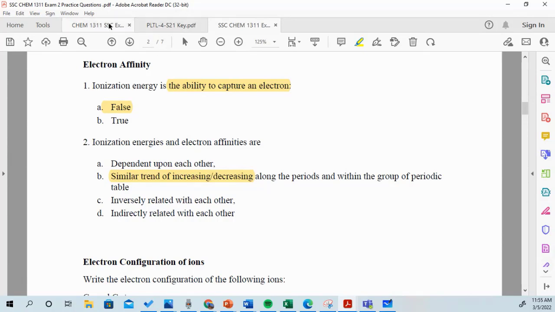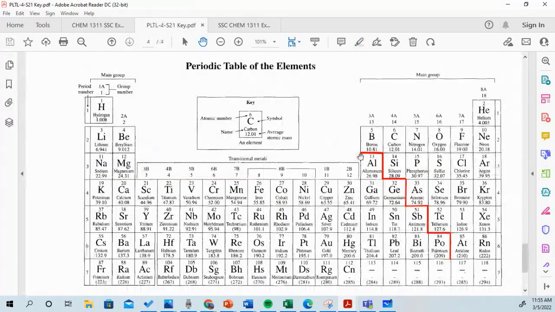So if we look at this as we go across the period, decreased atomic radius, increasing ionization energy, meaning it takes a lot to remove an electron. So it's easier to capture an electron because there's increased effective nuclear charge, increased pull, increased attraction.